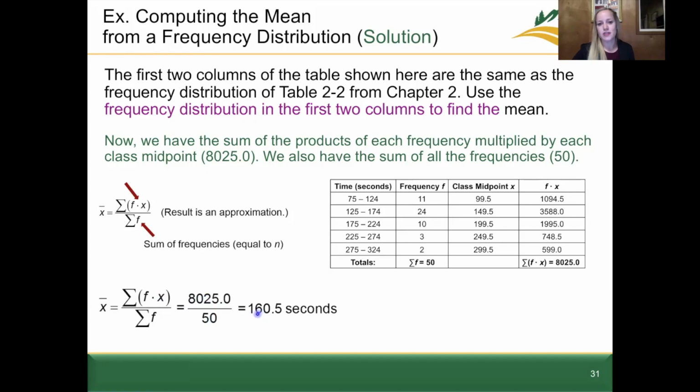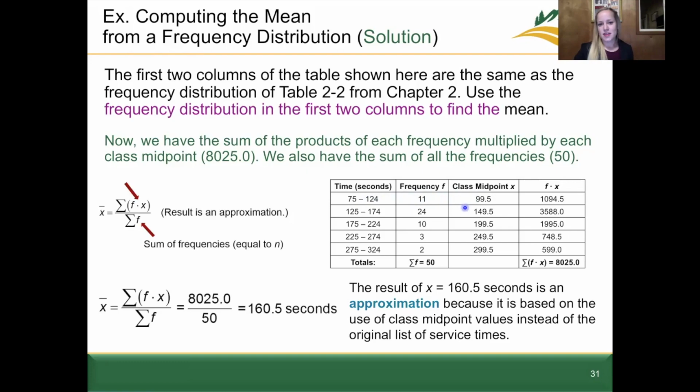So overall, to find the mean from a frequency distribution table, we have 8,025 divided by 50, and we get an answer of 160.5 seconds. Now, it's important to remember that we didn't know exactly how these frequencies fit into each class. We didn't know that maybe 10 of those people actually got through the drive-thru in 76 seconds. So we had to make an approximation that all 11 of those cars got through the drive-thru at 99.5 seconds, the class midpoint.